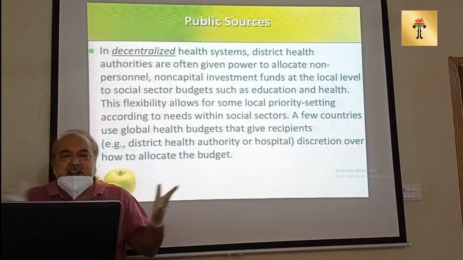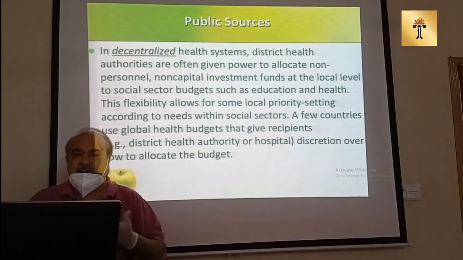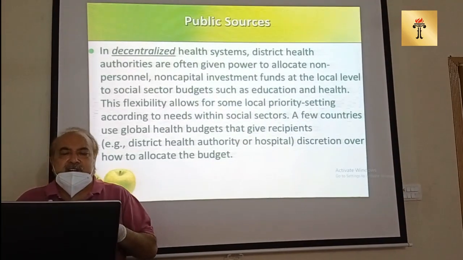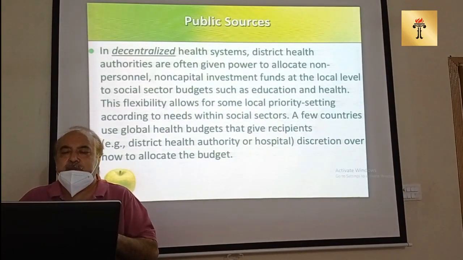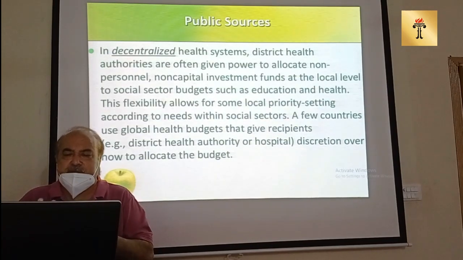In a decentralized health system like ours, the district health authorities are sometimes given the power to allocate the budget in non-capital investments.